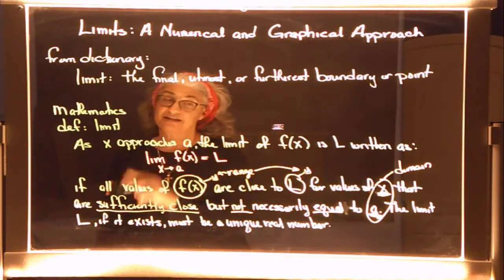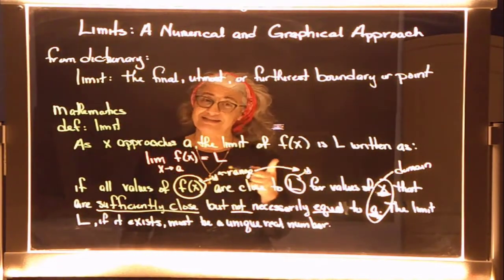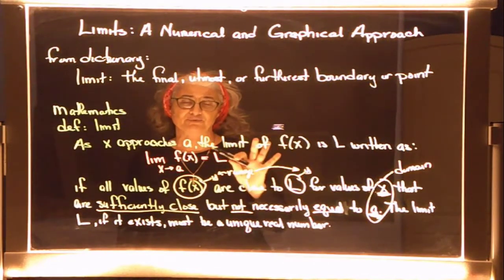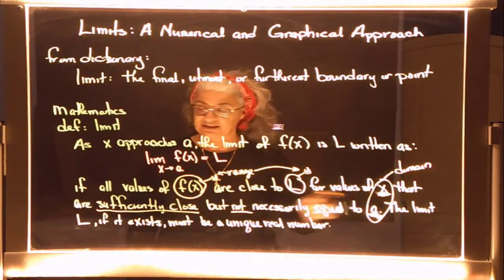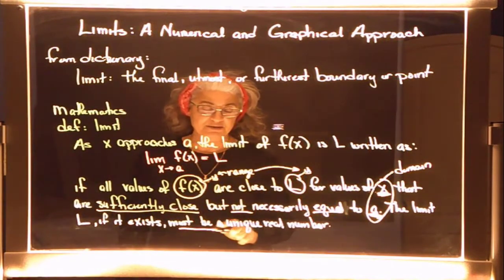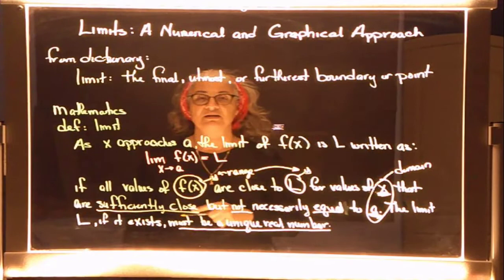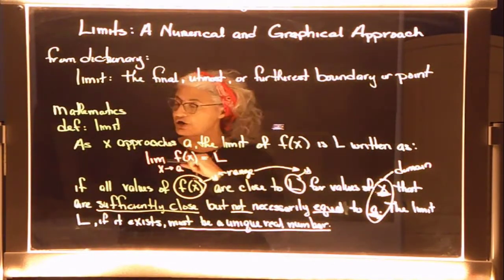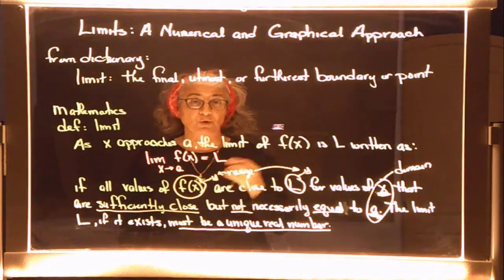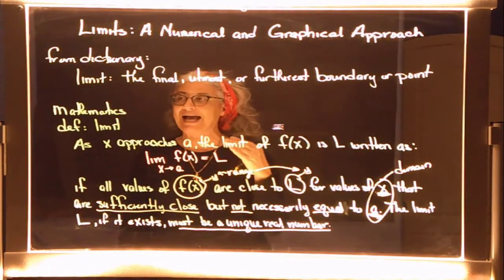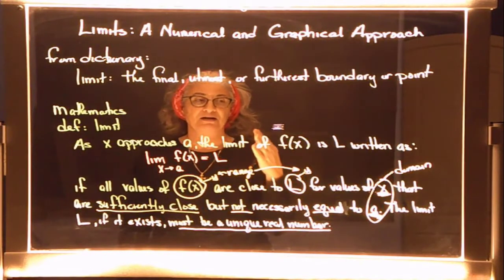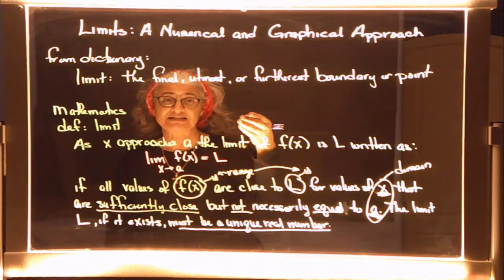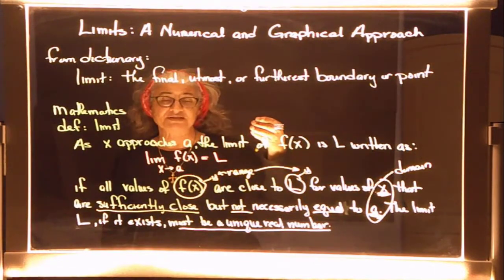The limit L, if it actually exists, because sometimes it doesn't, and don't worry about when it does or doesn't, we'll get there at the right timing. This limit L must be a unique real number. Unique, one of a kind. Real number, no imaginary numbers. Why? Because when we look at this pictorially, we're doing a visual looking at it, which means we would look at a graph sometimes.